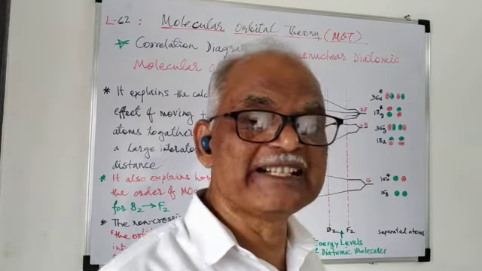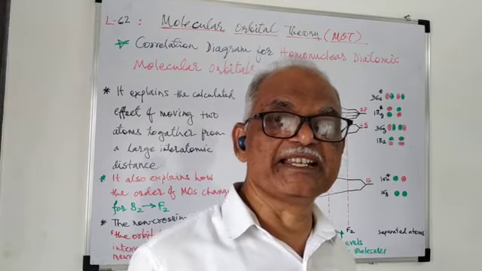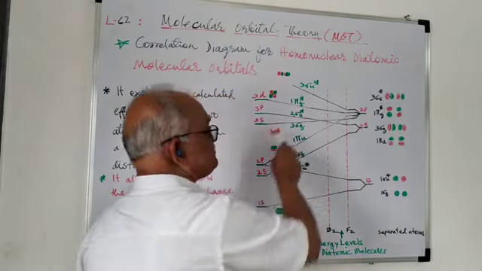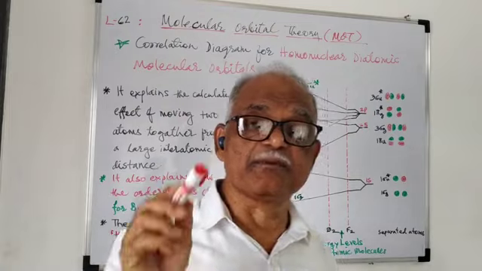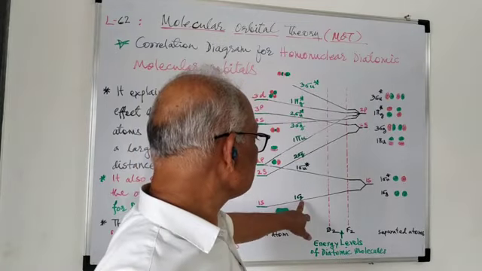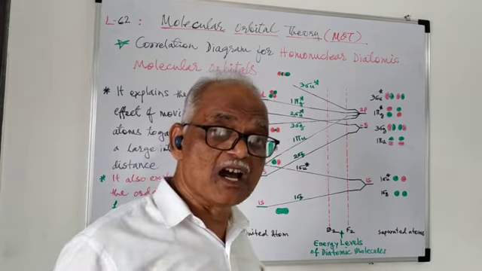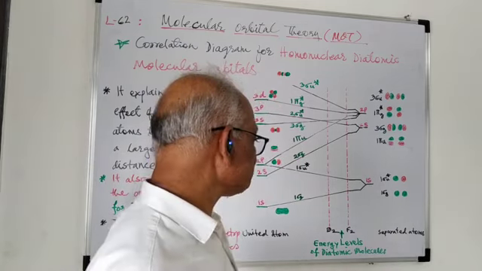The antibonding molecular orbitals are indicated with an asterisk, that is a star, and the molecular orbitals without a star are of bonding nature.